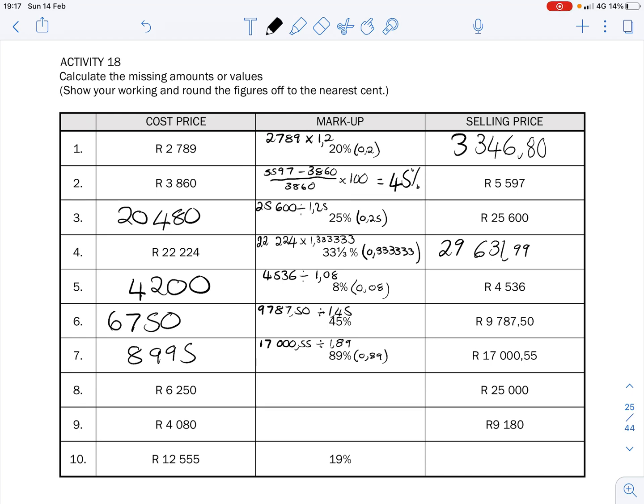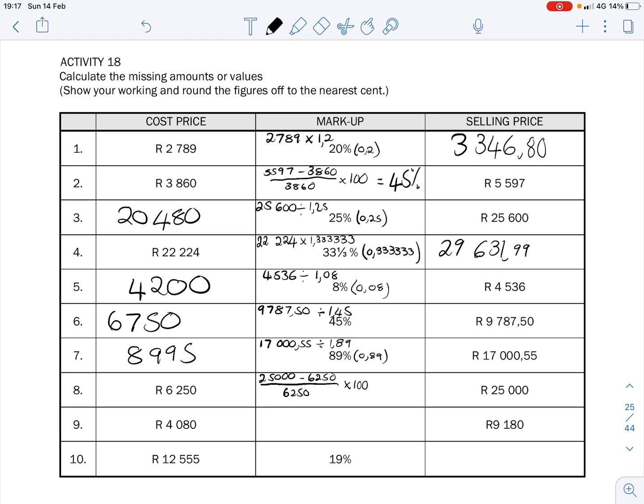Okay, the next two, we are trying to figure out our markup percentage. Okay, now we have, remember, gross profit over cost of sales times by 100. So we take our selling price, which is 25,000, minus our cost price, which is 6,250, over our cost price of 6,250.